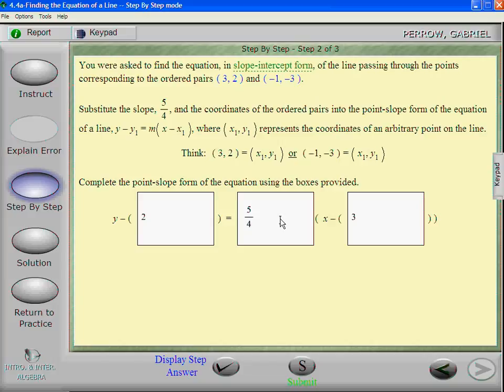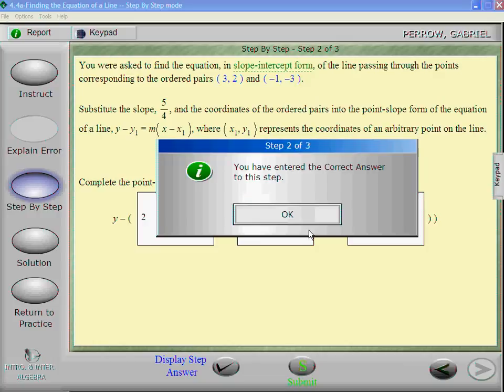Now you could have used the other set of points. I used 3, 2, because that's x1, y1. But you could also use -1, -3 if you wanted to. It should come out the same. Also keep in mind that anytime you have a formula like x minus something, if you're plugging in a minus, it becomes a double negative and ends up being a plus. I filled all that in and click submit.